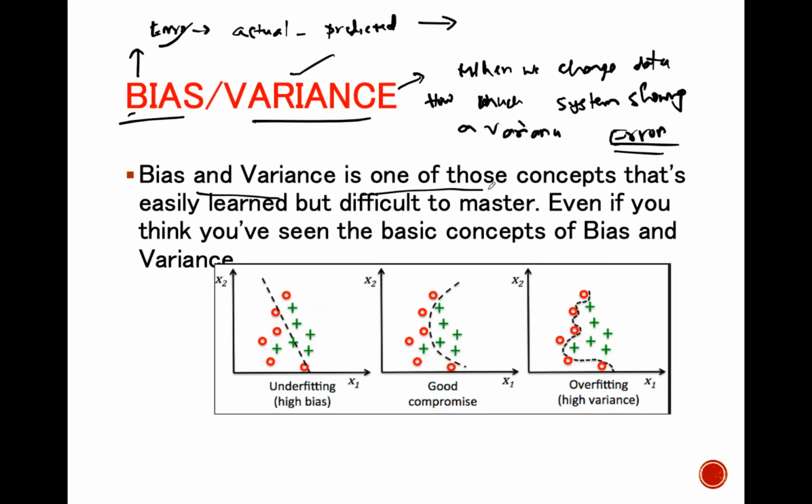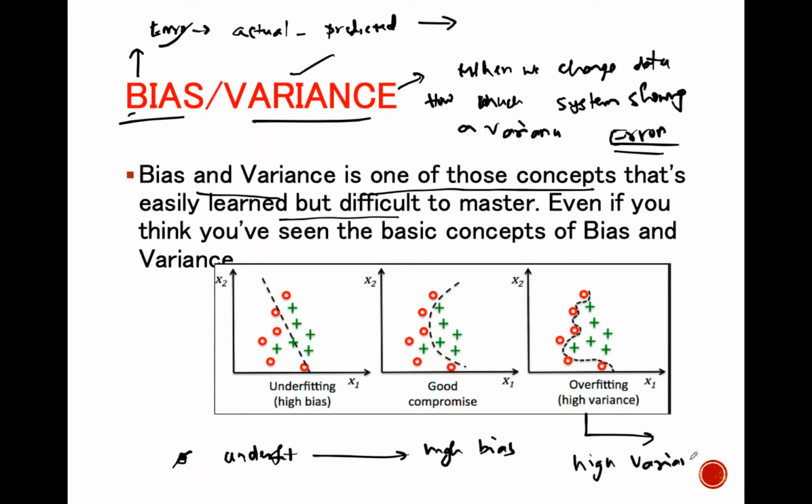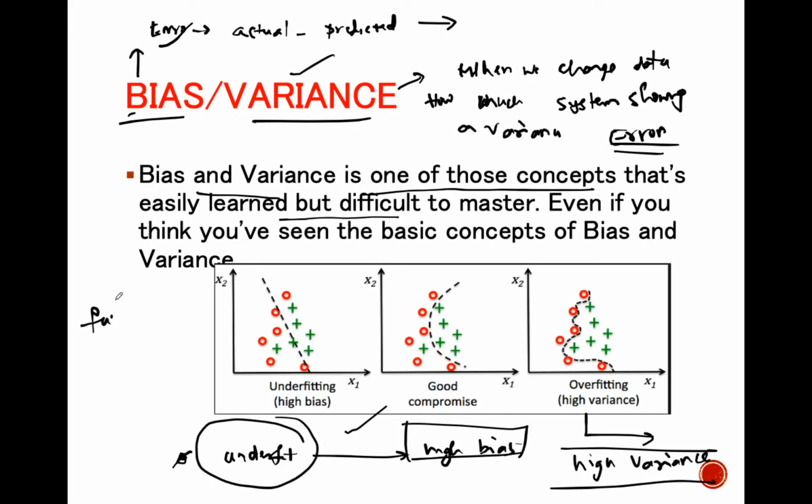Bias and variance are concepts that are easily learned but difficult to master. Underfitting leads to high bias, and overfitting leads to high variance. These two are very important. Underfitting means failing to generalize, so there will be a high error rate.